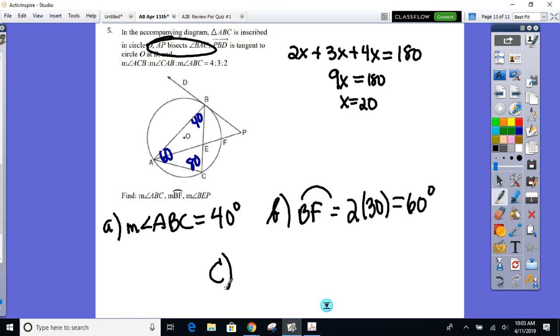Read the directions too. It says AP bisects BAC. That might be helpful.